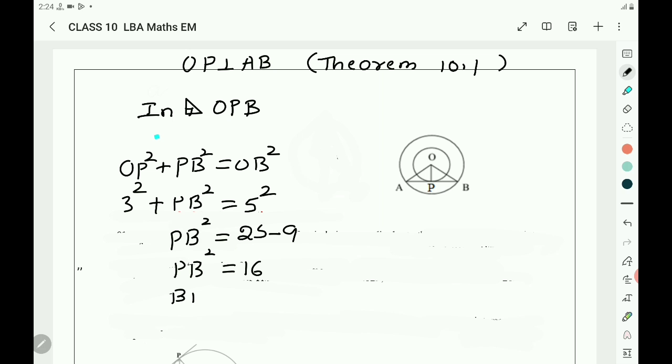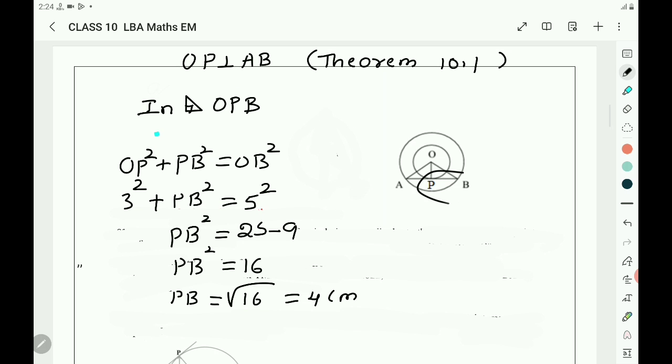Then PB is equal to the root of 16. If the square is removed on the LHS, the RHS will have the root. Root 16 is 4. Then you got PB equals 4 centimeter.